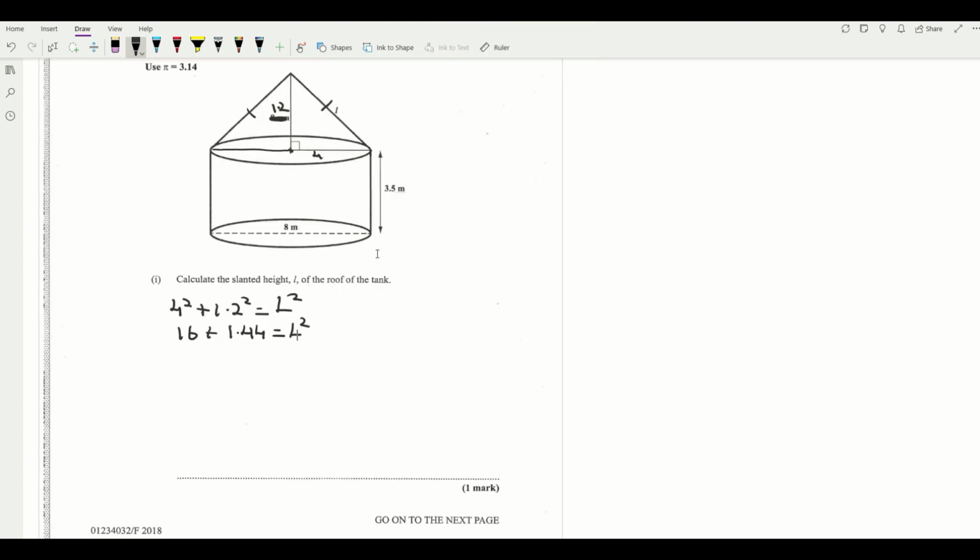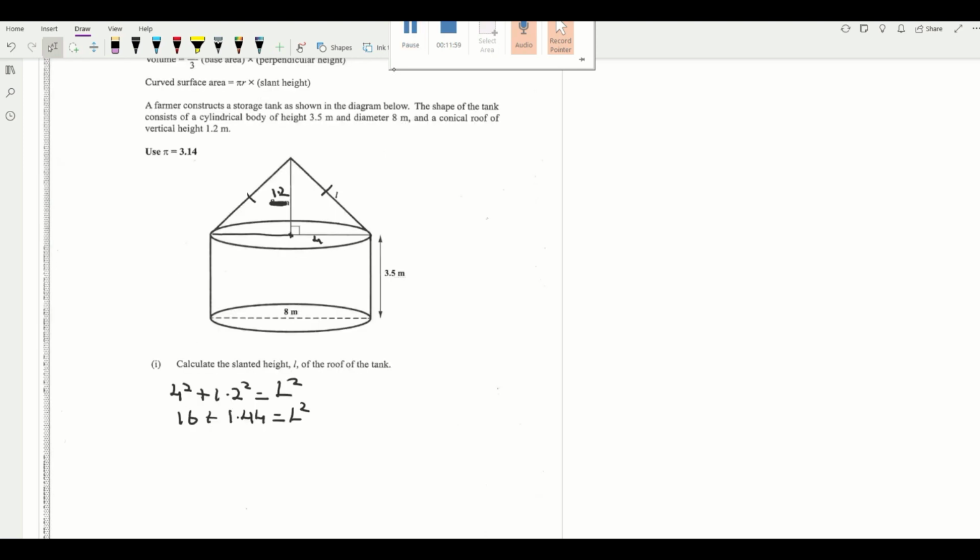So my length would be the square root of 16 plus 1.44. So in your calculator, you'll put square root of 16 plus 1.44. You're going to put this in your calculator.